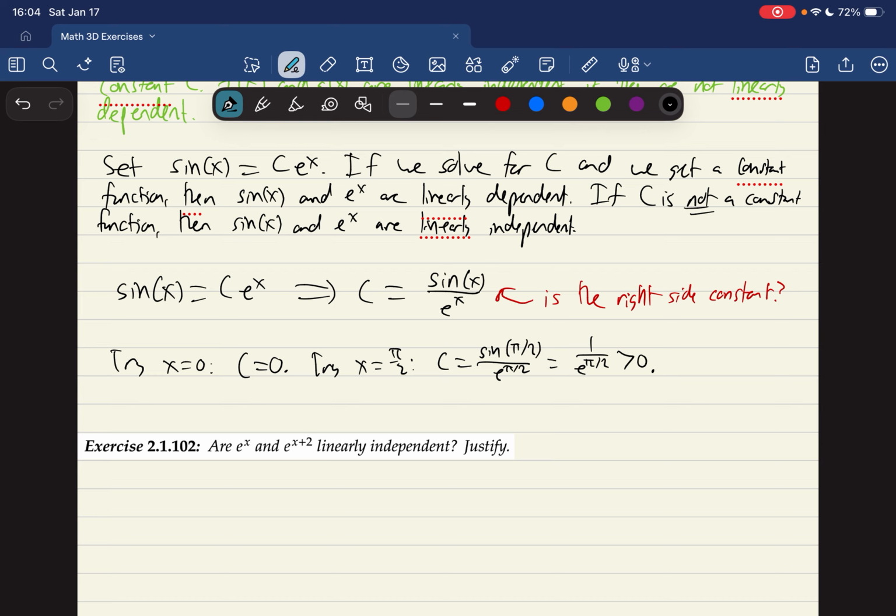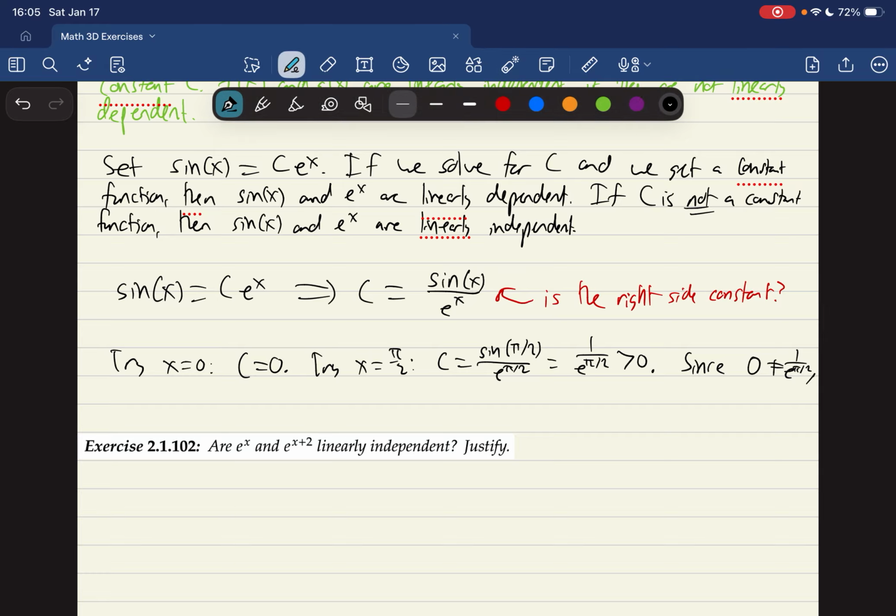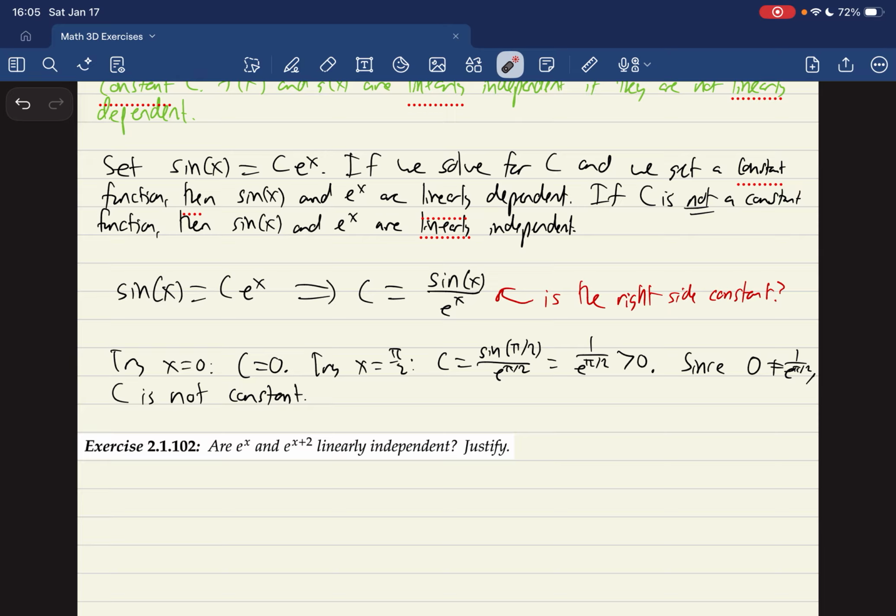And so what this tells me is that since 0 does not equal 1 over e to the pi over 2, again because we know that this number is positive, we have shown that c is not constant. If it were constant, then no matter which values we plug in, we would get the same answer.